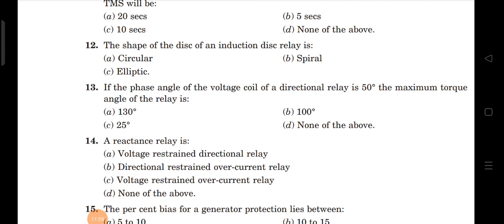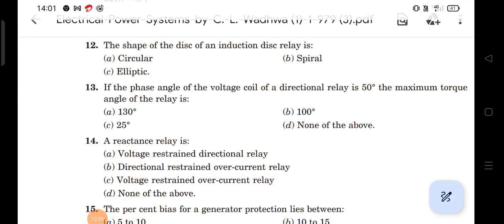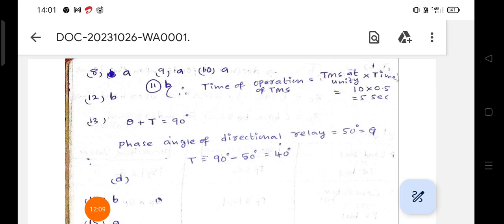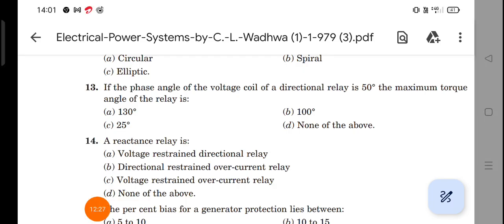That is, theta plus torque angle tau is equal to 90 degrees. When theta is 50 degrees, the torque angle tau is 90 minus 50, which is 40 degrees. From the given options, the first option 130 is not correct, B 100 degrees is not correct, C 25 degrees is not correct, hence the answer is none of the above.